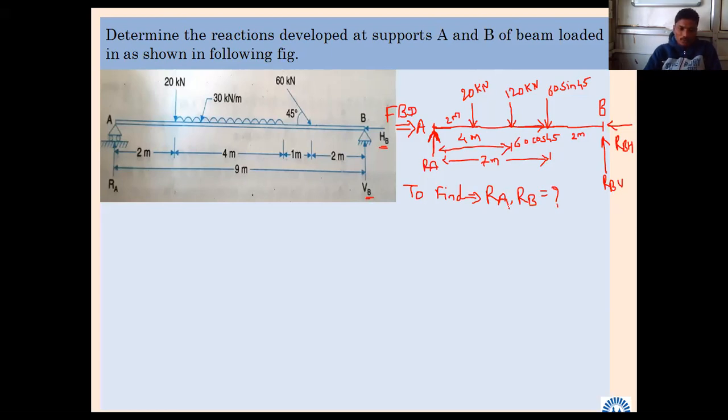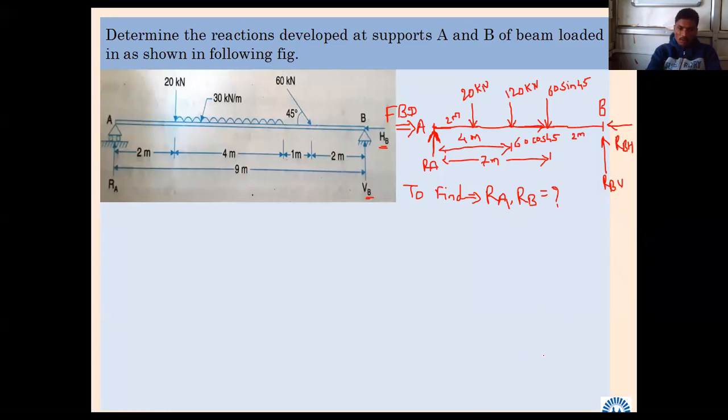Is it okay? Are you with me? Yes, sir. Okay, will you solve this problem now? Sir, RA 91.65. Okay, good, correct. Let others also complete.